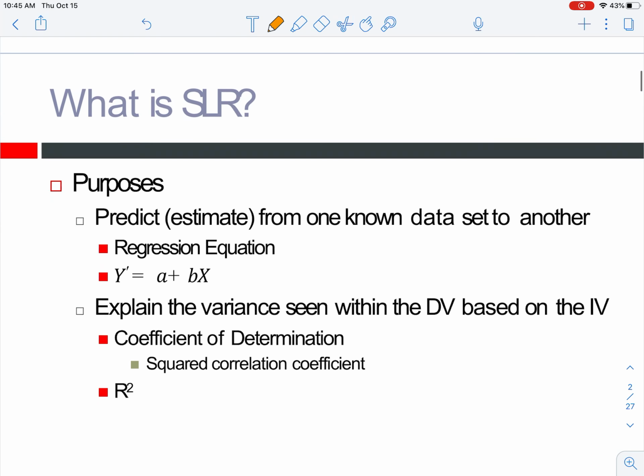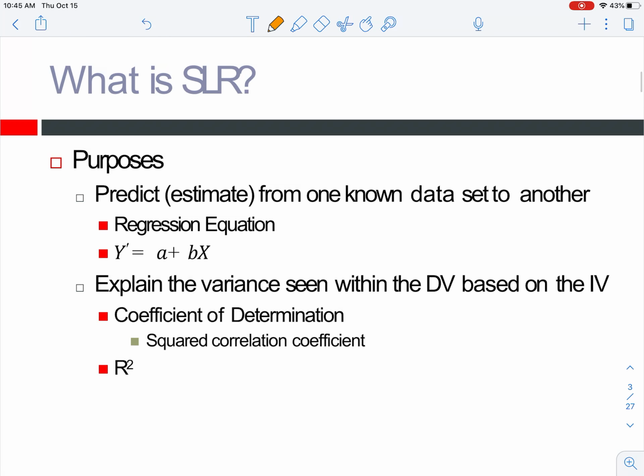So simple linear regression has two main purposes. The first is to predict or estimate from one known data set to another data set.